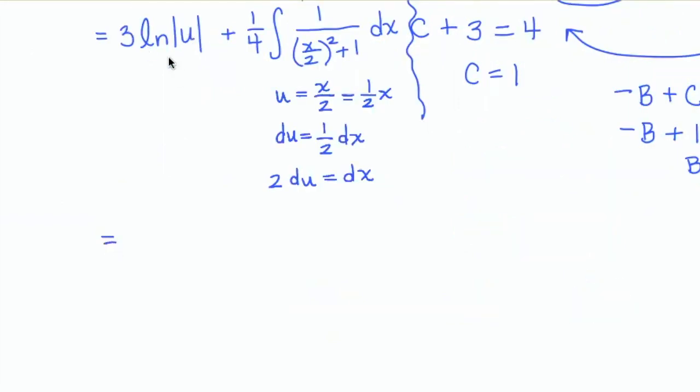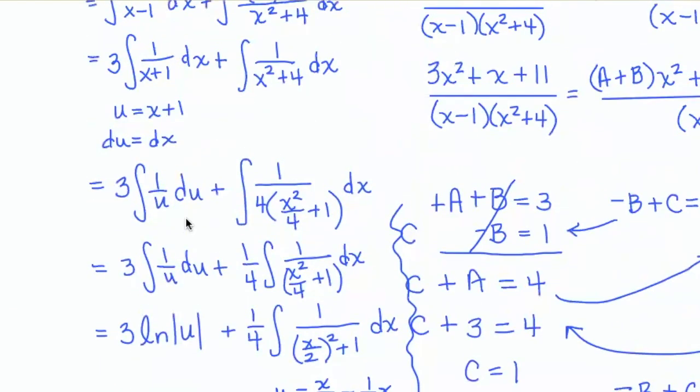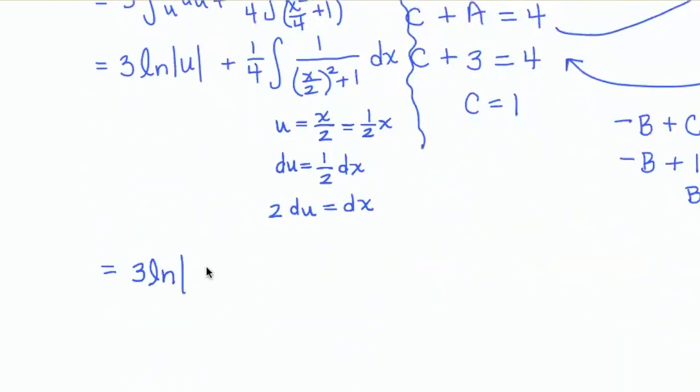My first integral, again, was simple enough to evaluate. It's going to be natural log of u, and u in that case was x plus 1, plus 1/4 the integral of 1 over u squared plus 1.